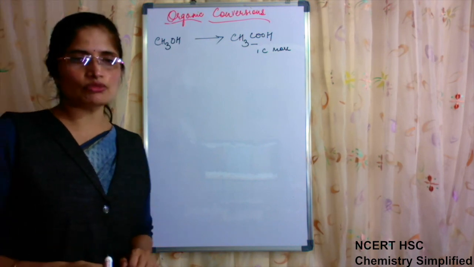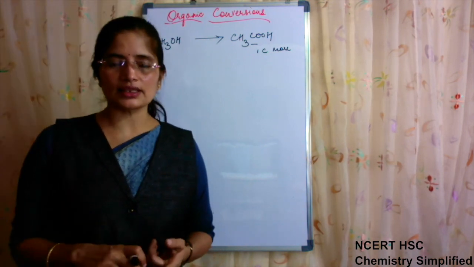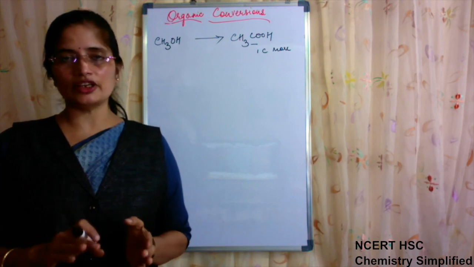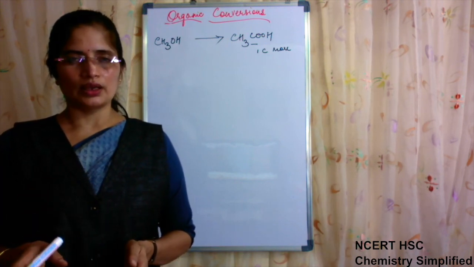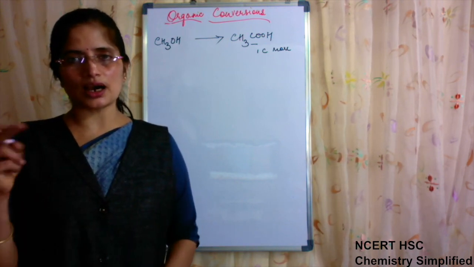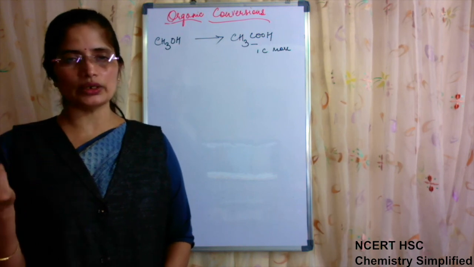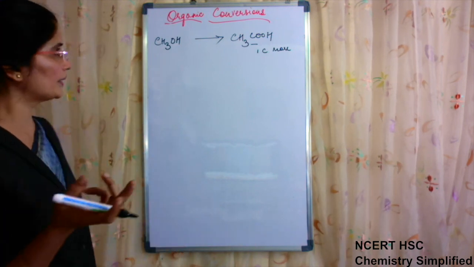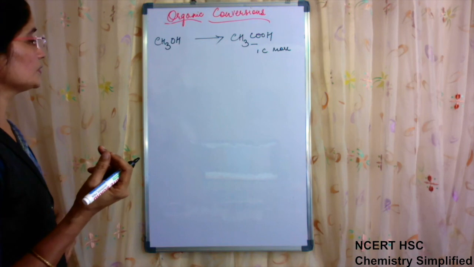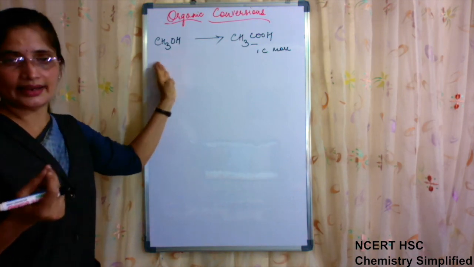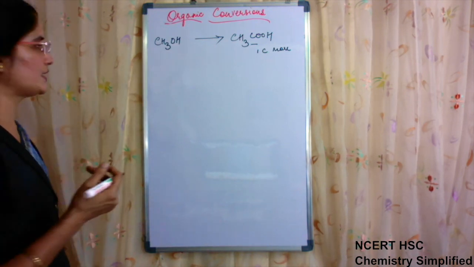Now whenever it comes to increasing carbon atoms, the first thing which should come to our mind is that we introduce cyanide group. Whenever CN is introduced, the carbon of that will help to increase one carbon atom. Now how to reach cyanide through this alcohol? First we have to think for this.